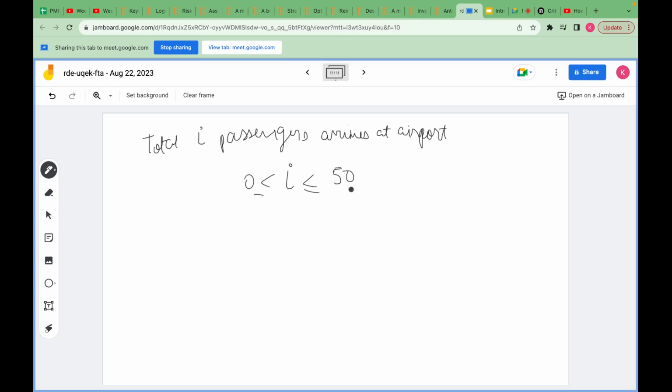It cannot be more than 50, because if it is more than 50, then all the passengers will not get a seat, and we need to find the probability that every passenger arriving at this airport will be assigned a seat. This is only possible when the total number of passengers arriving at the airport is at most 50. So let's suppose this number is I.